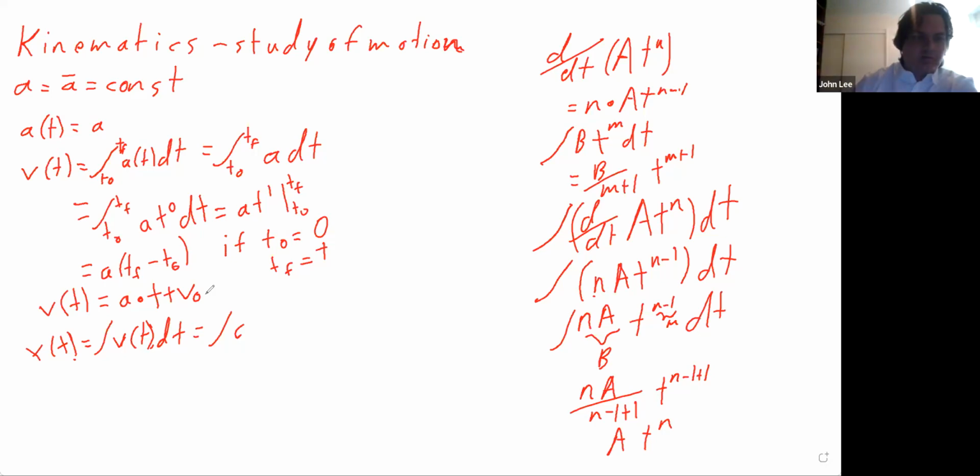So x of t, the position as t goes on, is going to be equal to the integral of a times t plus v naught dt, which is equal to 1/2 a t squared plus v naught t plus x naught.